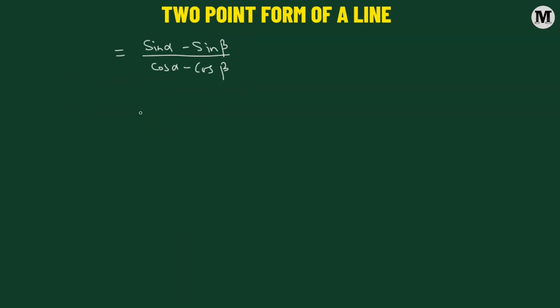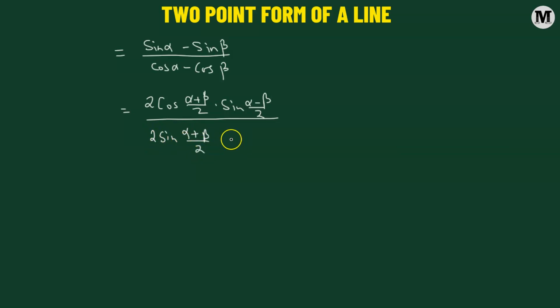Sine alpha minus sine beta is 2 times cosine of alpha plus beta over 2 multiplied by sine of alpha minus beta over 2, whole divided by cosine alpha minus cosine beta. The difference of the cosines becomes 2 times sine of alpha plus beta over 2 times sine of alpha minus beta over 2, with a negative sign.